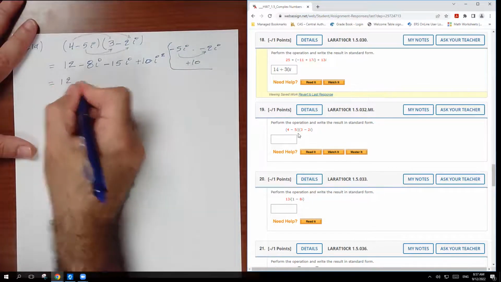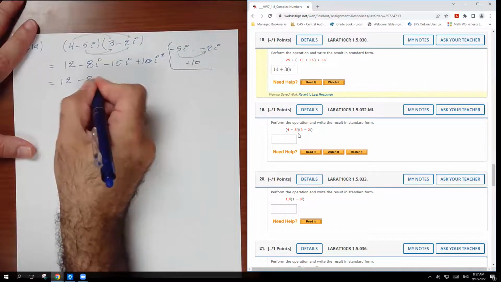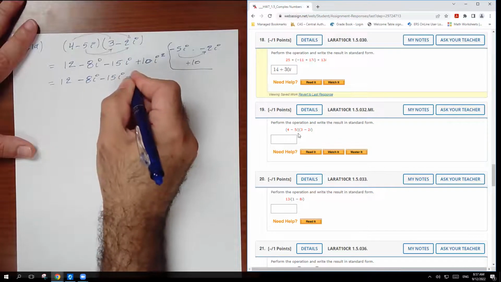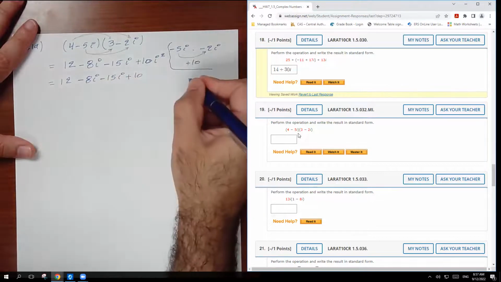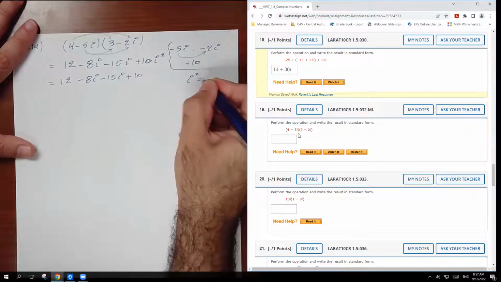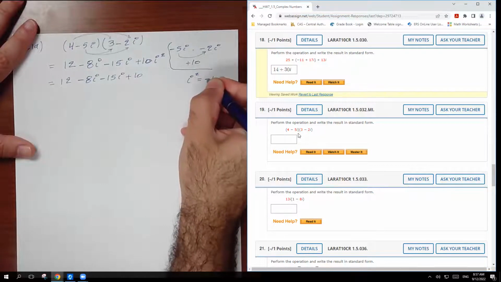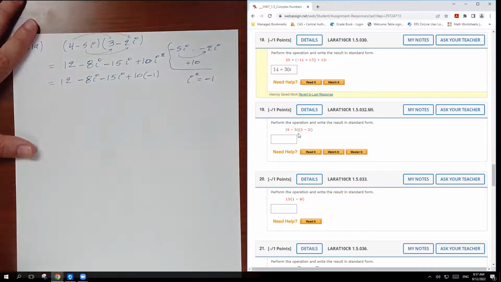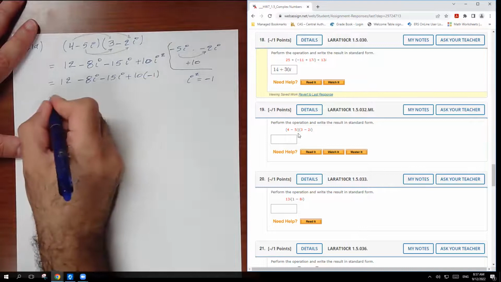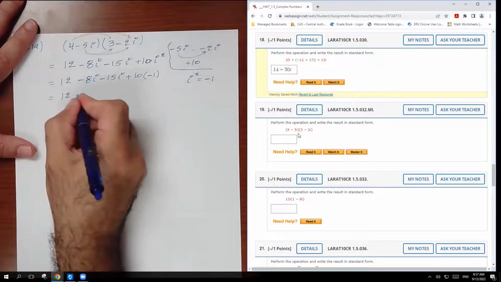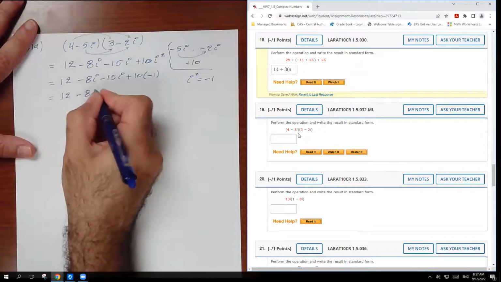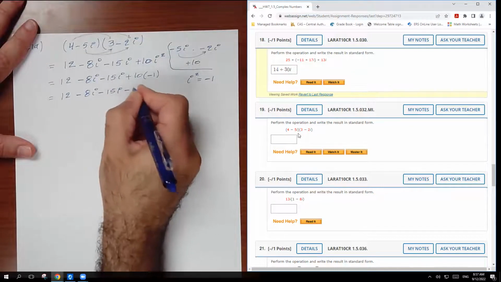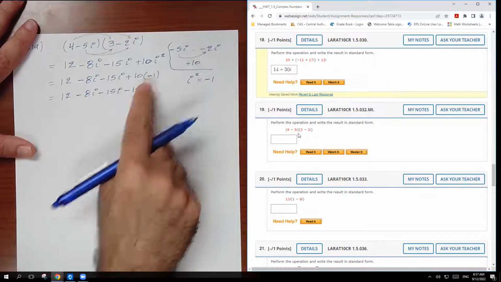Here's 12 minus 8i minus 15i plus 10i squared. We already know that i squared is negative 1. That means here is going to be 10 times negative 1. So the next step is going to be 12 minus 8i minus 15i minus 10, because 10 times negative 1 is negative 10.